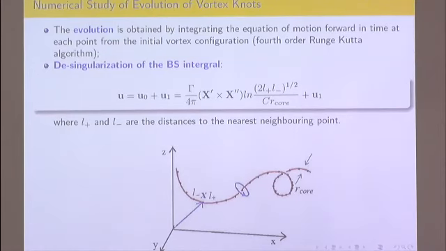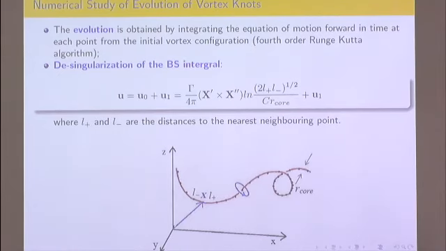And one important issue that we had to consider in the code was the desingularization of the Biot-Savart integral, because the velocity is considered as the sum of two contributions, one local contribution and one non-local contribution.